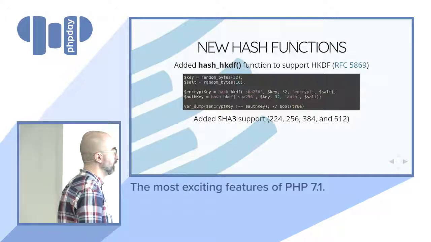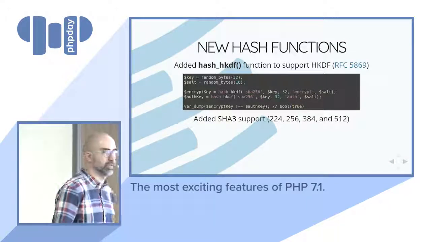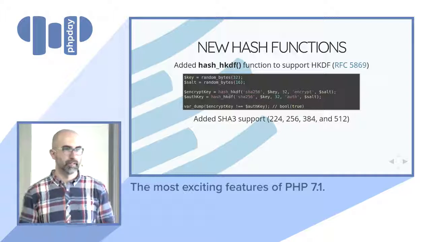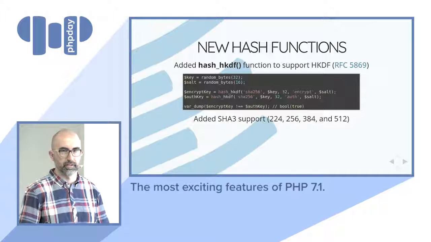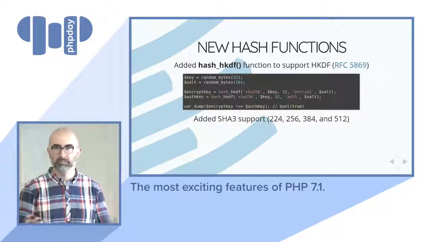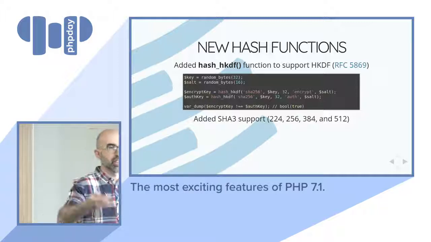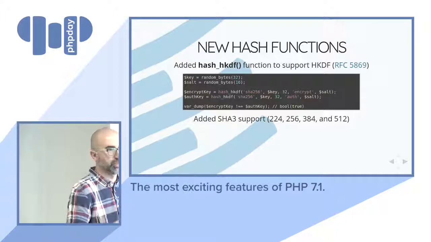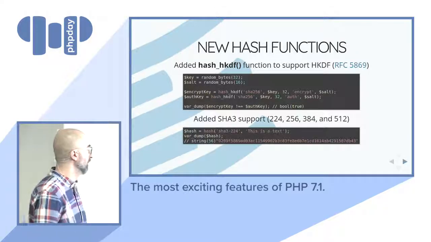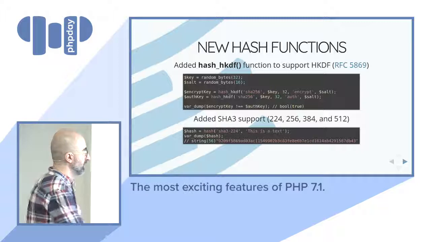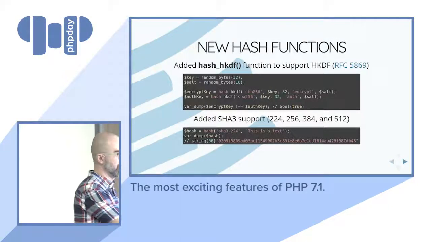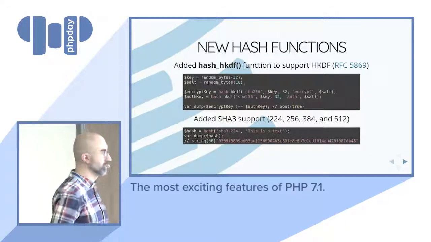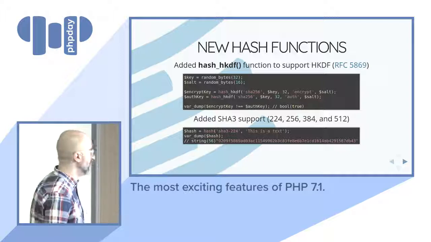I cannot say that it's more secure than SHA-2 because we don't have any real evidence in real use cases, even in scientific papers. It's almost the same, but it's a new standard, so we support it and people can start to use it. The usage is very simple: you just use the normal hash function and specify a specific name. This is an example for using SHA-3 with 224 bits of output.